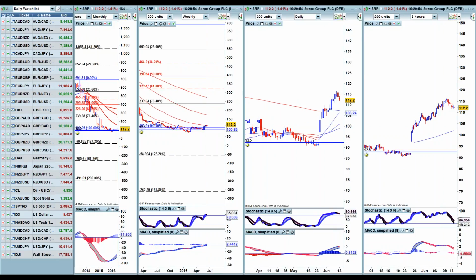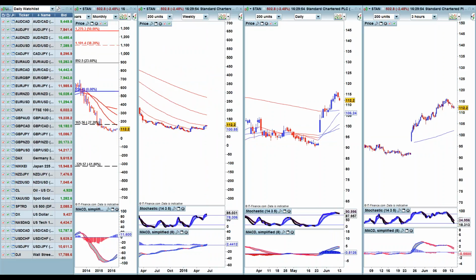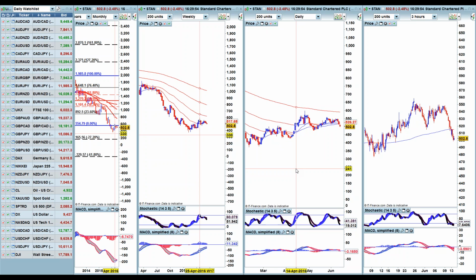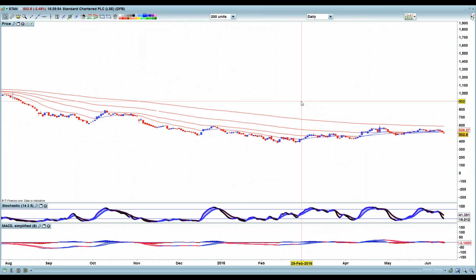The other one I was interested in was this one. These guys got a lot of exposure in emerging economies. So I'm just looking for this one to pull back into a support area.